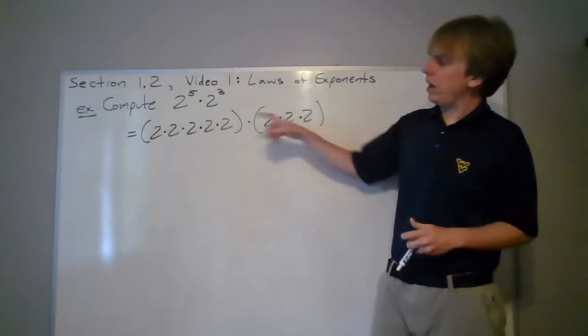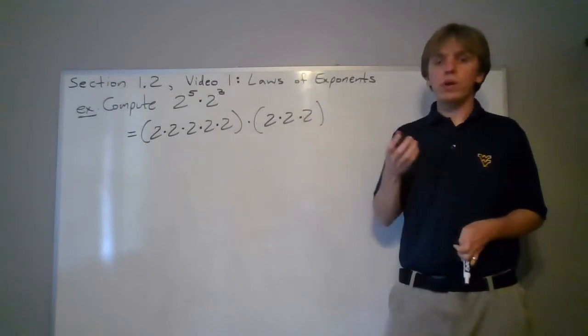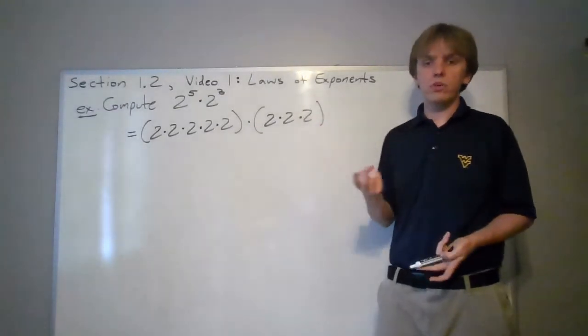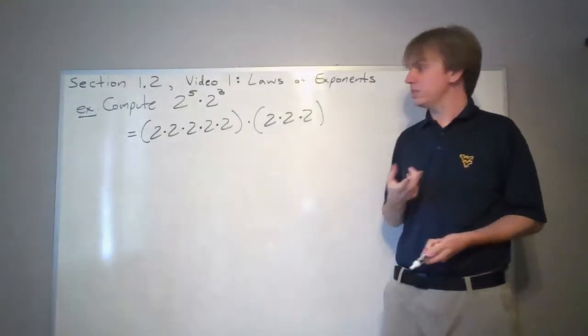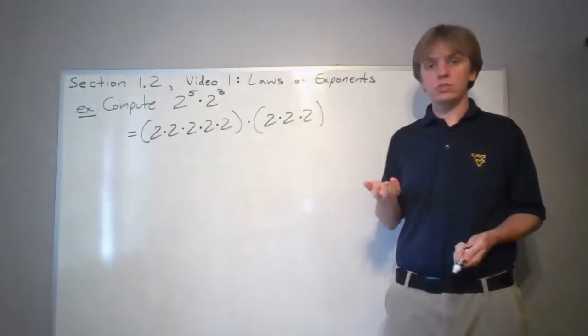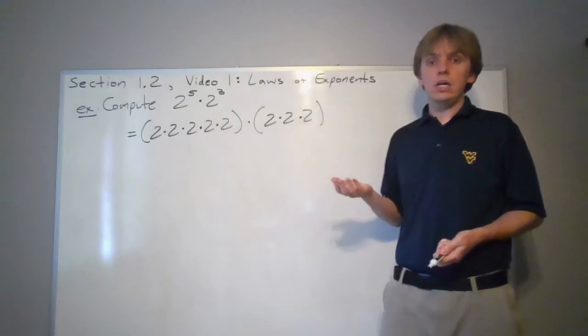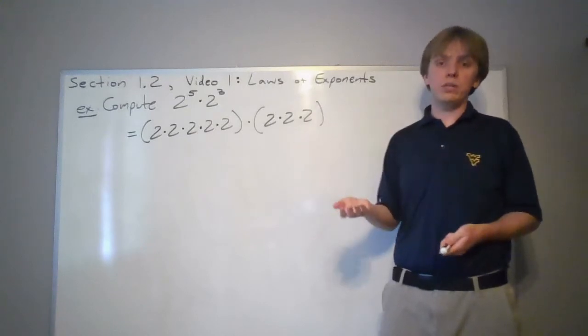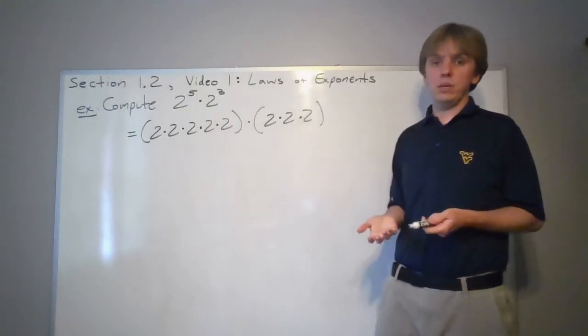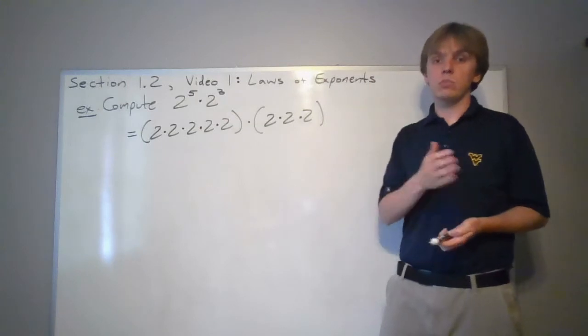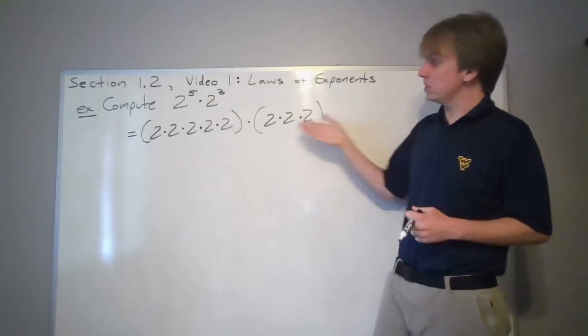But now that I have it written this way, we have our two rules, associative and commutative rules, that say if you're multiplying a bunch of 2's together, it doesn't matter how you do it. Either left to right, grouping in different ways, you should always get the same answer, as long as it's all multiplication, which this is.